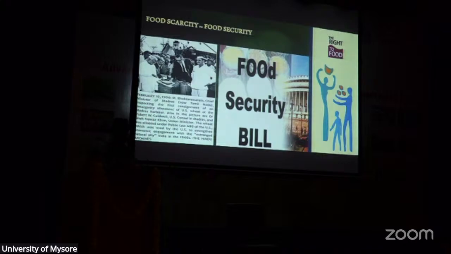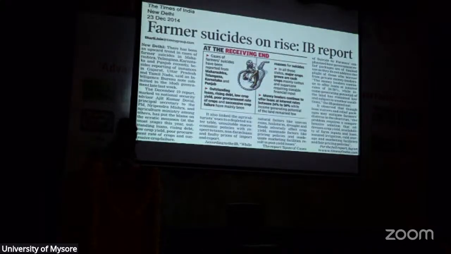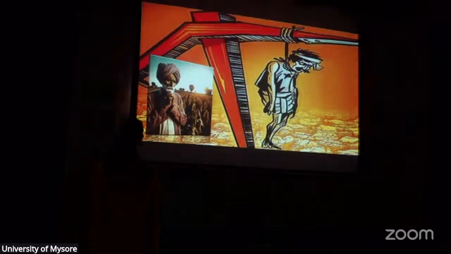So we have reached from food scarcity to food security, and the government has been able to bring in the food security bill and the right to food. But when these farmers are able to feed 140 and more millions of people, they are in big distress, and there are increased farmer suicides as per the IB report, and he is under deep stress.